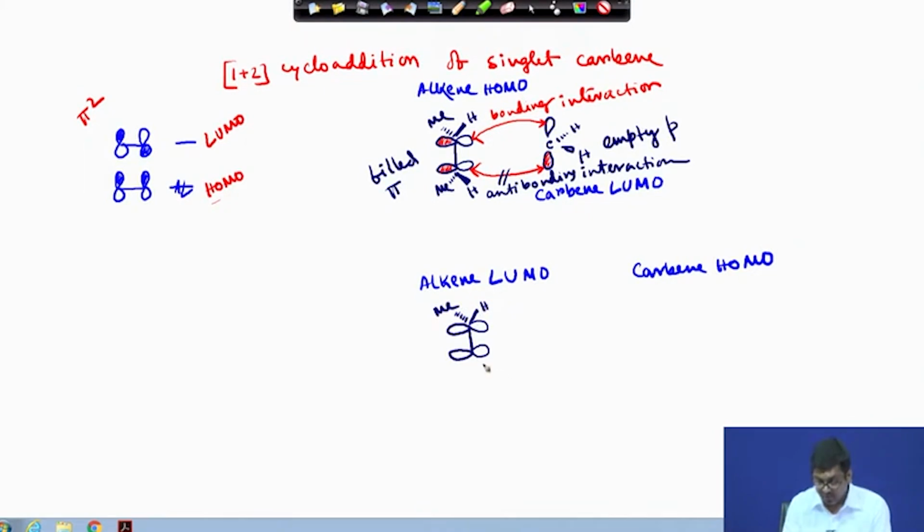Here we have already drawn that. So, this is the alkene LUMO. Now, we will draw the carbene HOMO.